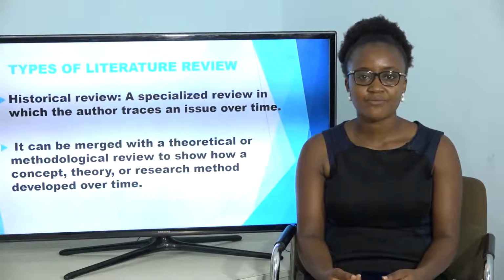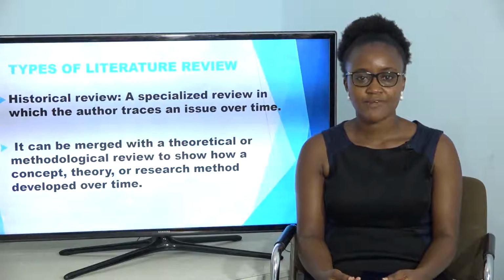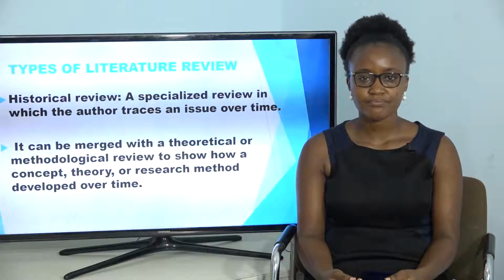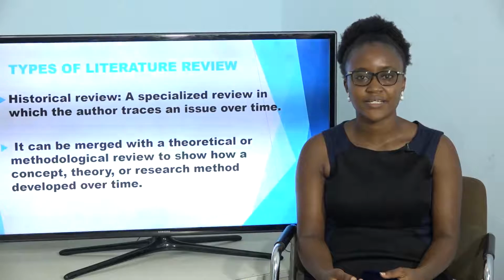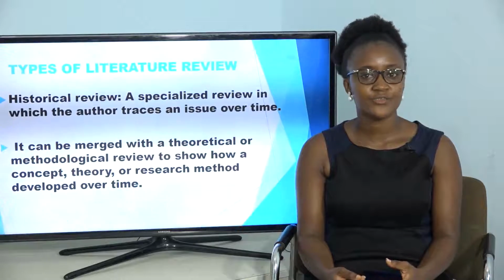It can be merged with a theoretical or methodological review to show how a concept, a theory, or a research method developed over time. So what we mean to say is that it traces an issue over time.